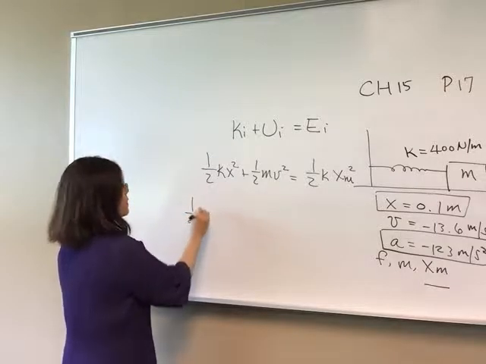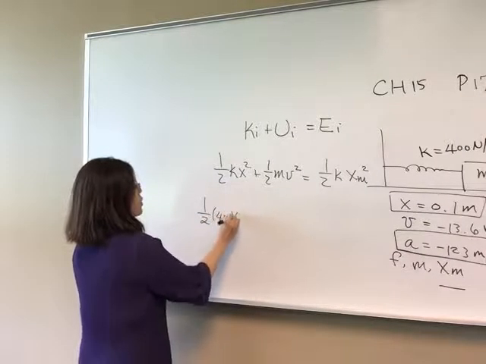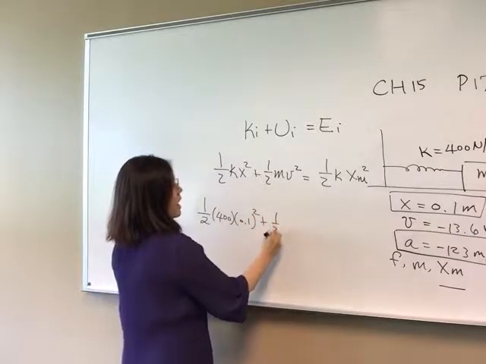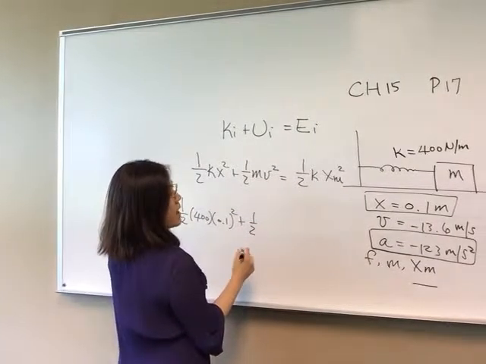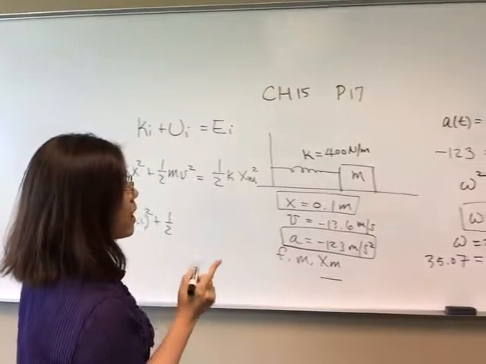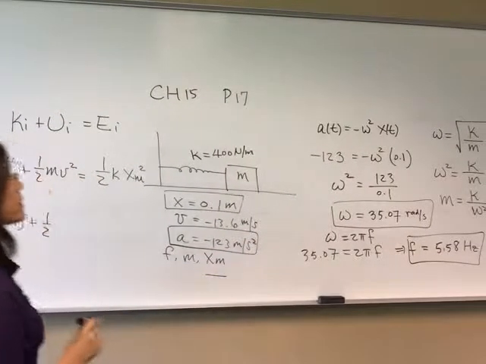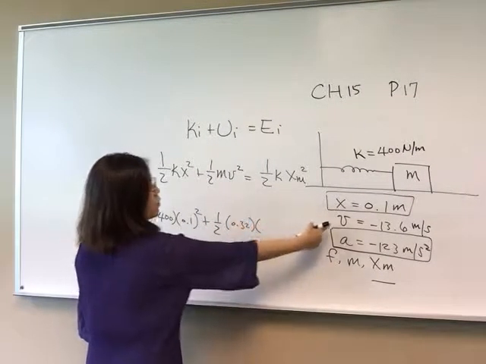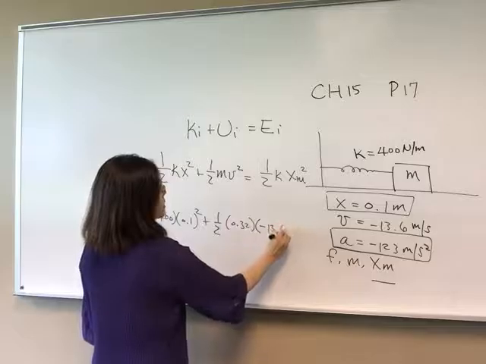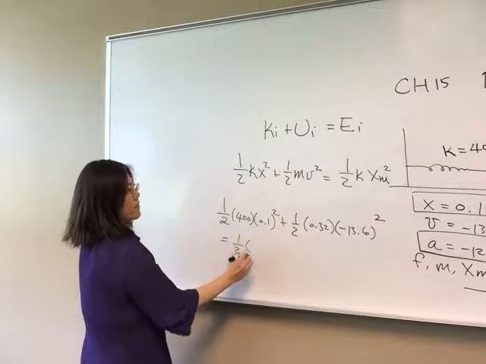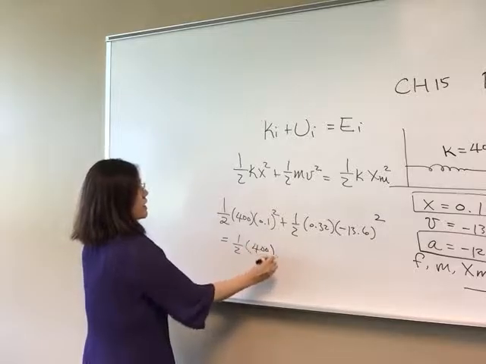You have 1/2 times 400 times x, which is 0.1, squared, plus 1/2 times the mass, which we already calculated as 0.32, times v, which is negative 13.6, squared. The whole thing is equal to 1/2 times your k value, 400, times xm squared.